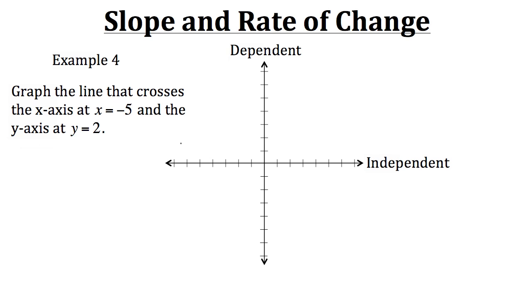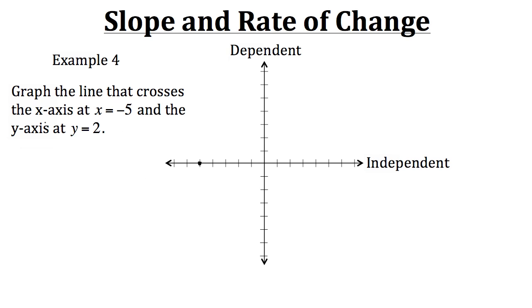If you remember, an intercept is where a function crosses a particular axis. For example, the line will cross the x-axis at x equals -5. So we could go over to -5, and that's going to be where our linear function hits the horizontal axis.